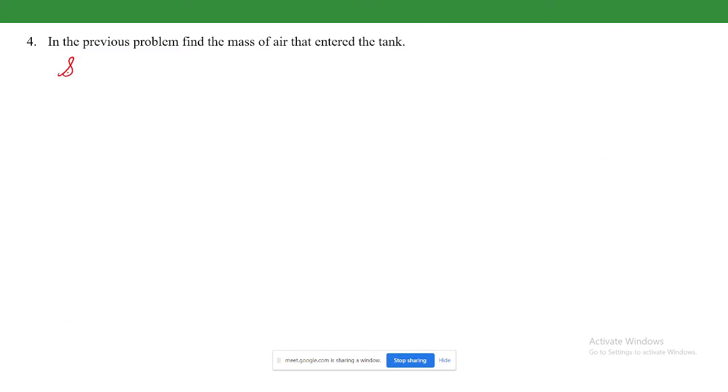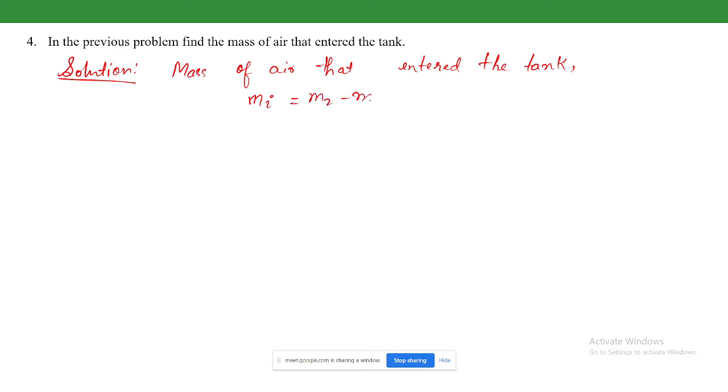So mi is equal to m2 minus m1, where m1 is equal to 0 since the tank is initially evacuated. So this is m2, which is equal to p2 v2 by R T2.